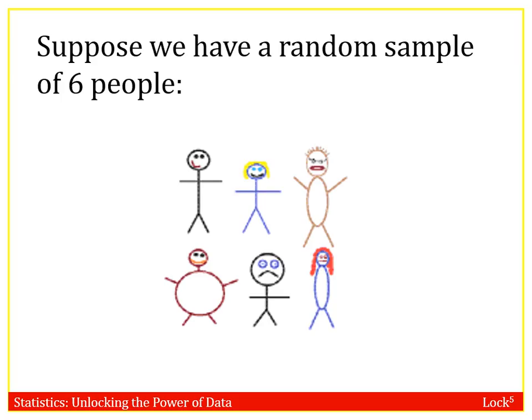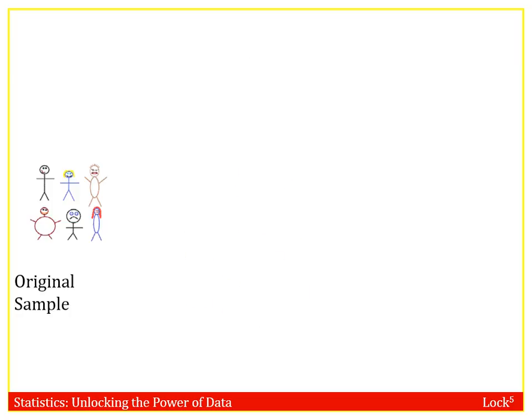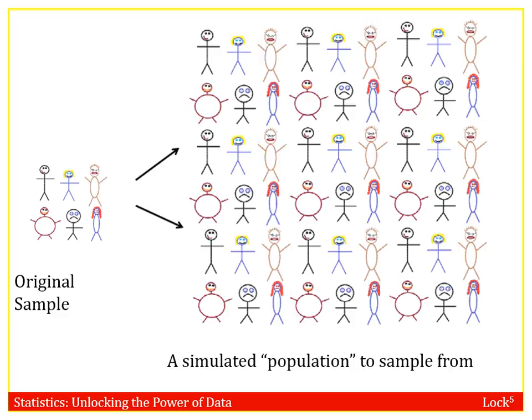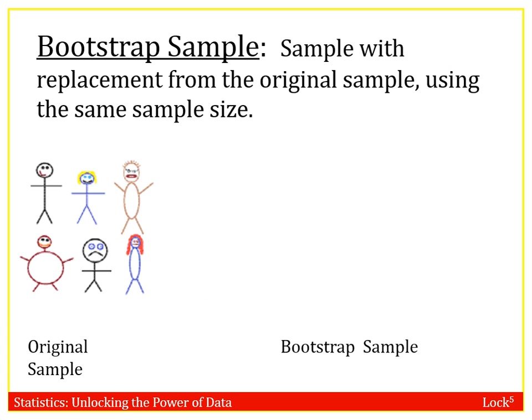So suppose our sample of 6 people is given to you here. That's our original sample. You could simulate your population by doing lots and lots of those. But for the most part, we take our original sample and do a bootstrap sample. We randomly select one person from here, and we get the blonde-haired person.